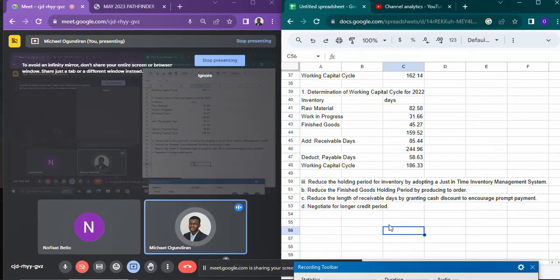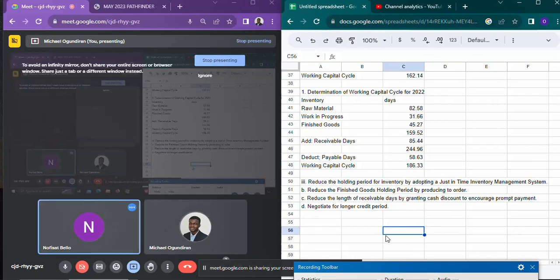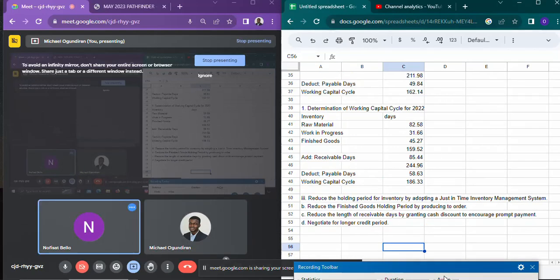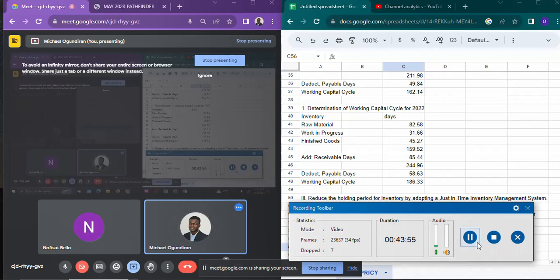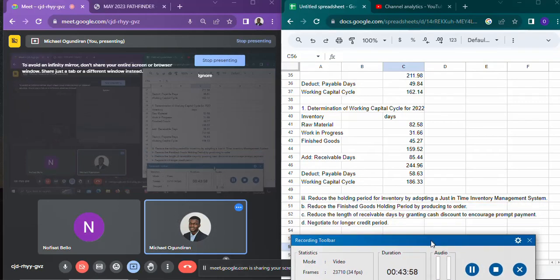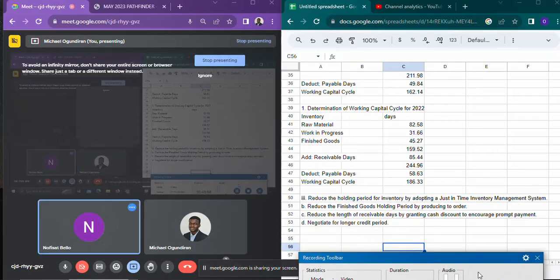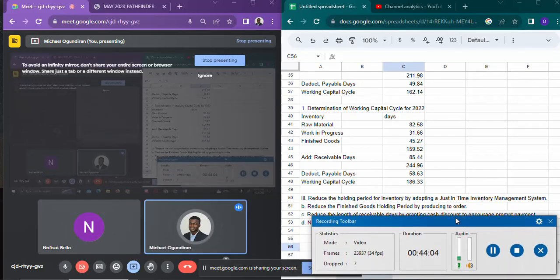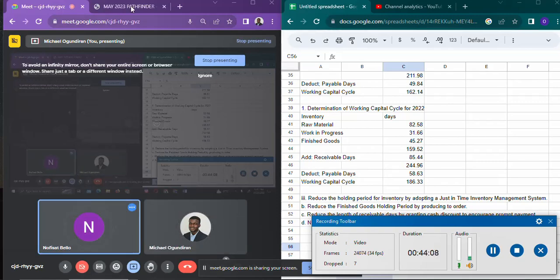Working capital is current assets minus current liabilities. But don't worry, that's the topic. I will just explain it for now, and later on we'll get it better, with other questions.